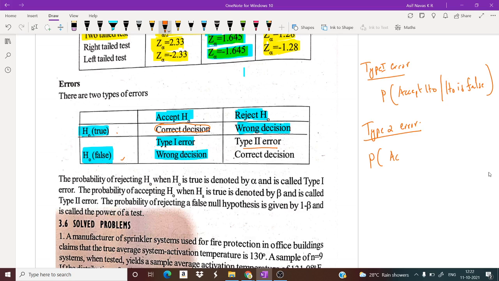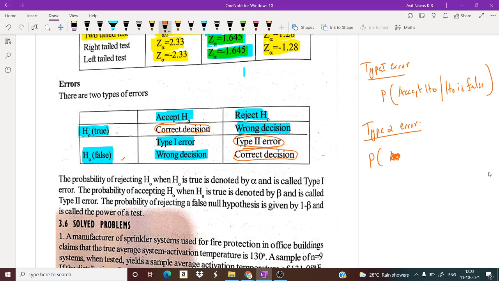Sorry, that is not a type 2 error. That is the correct decision.